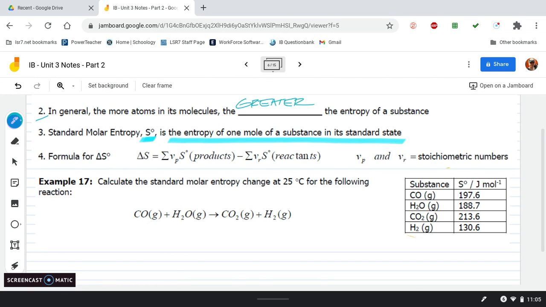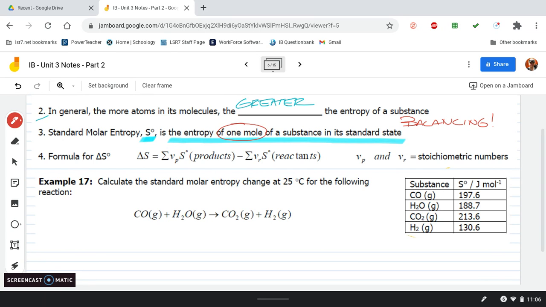The key words here are 1 mole, which means your balancing is important because your coefficients are important.